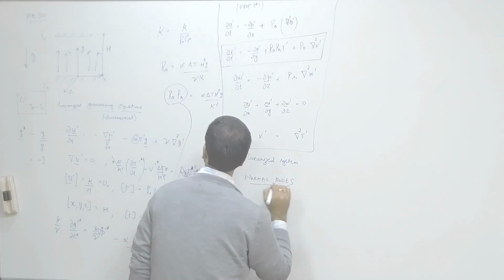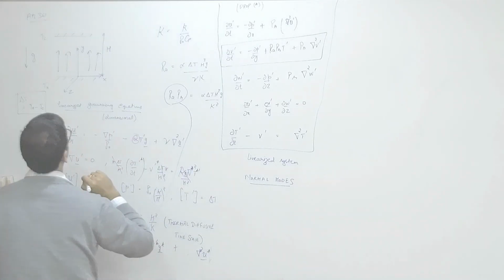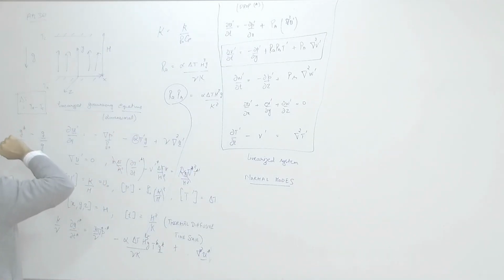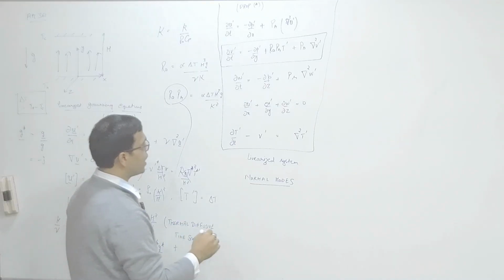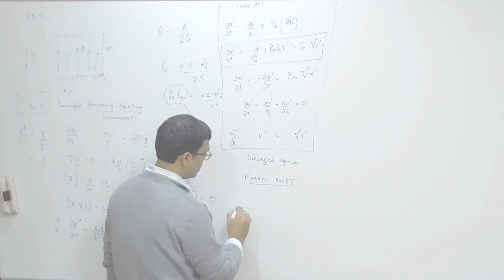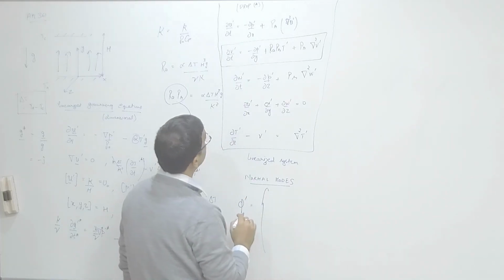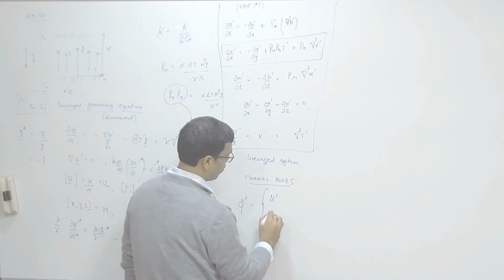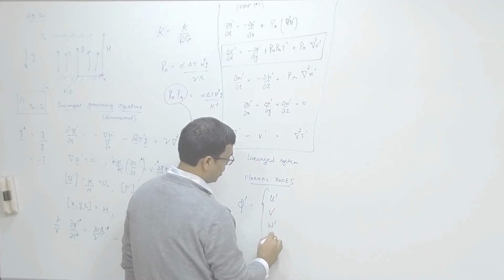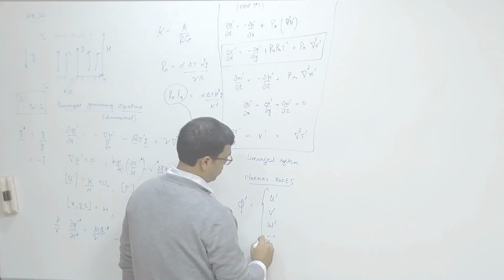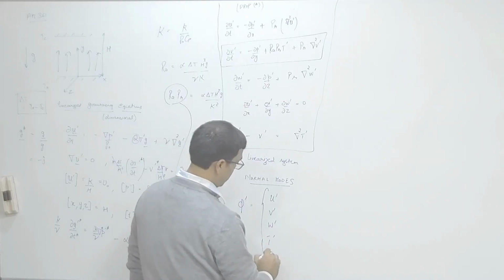So the normal modes for us will be complex exponentials in which direction? Let us say I decide to write phi prime, which is basically a combination of all of my variables, u prime, v prime, w prime, T prime. Might as well throw p prime in this.